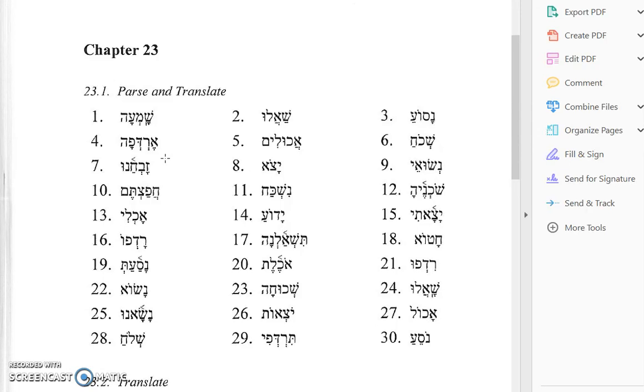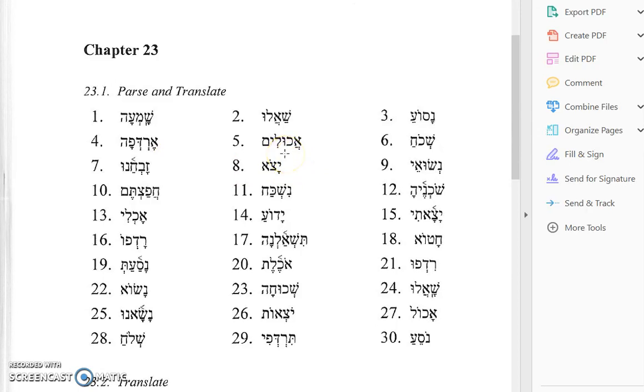Erdafa is from radaf, to pursue, persecute, and it means I will persecute, I will pursue, I wish to pursue, or let me pursue. And then you have akulim.